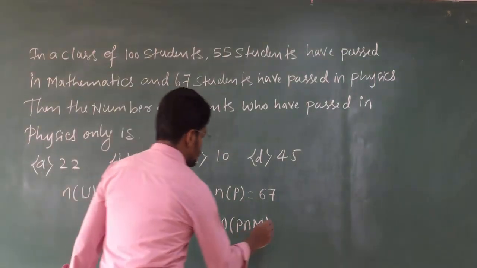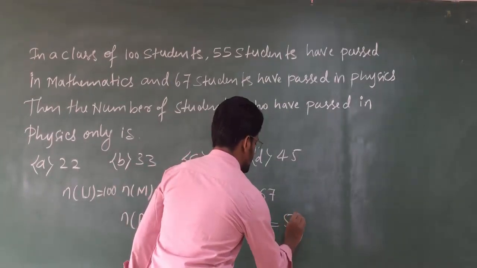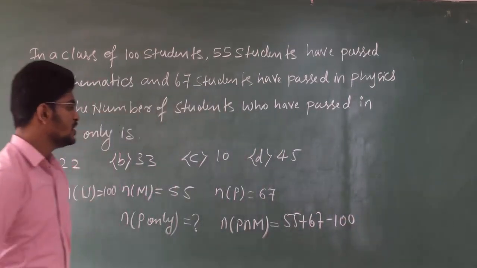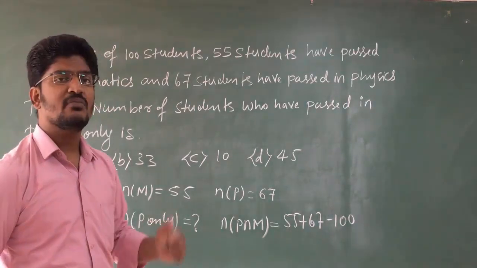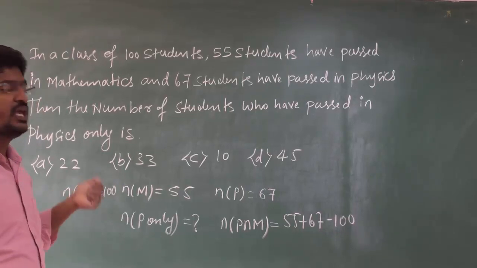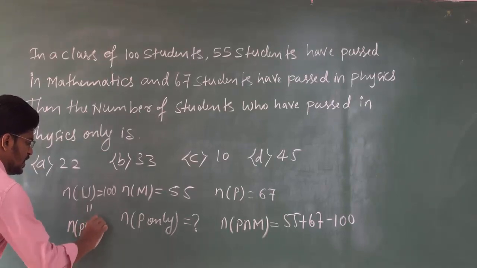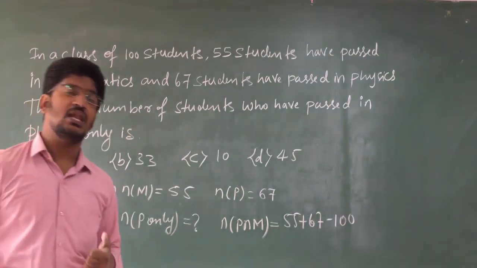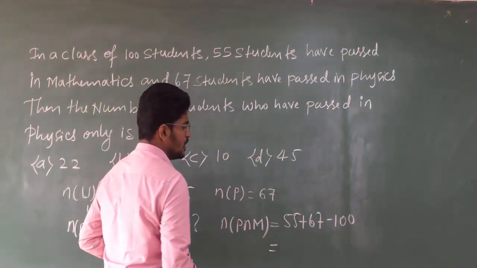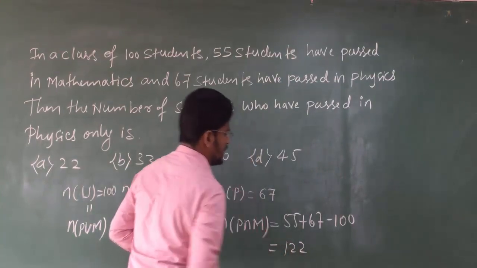So n of P intersection M will be 55 plus 67 minus 100, that is n of M plus n of P minus n of U, which is nothing but n of P union M. So 55 plus 67 is 122.